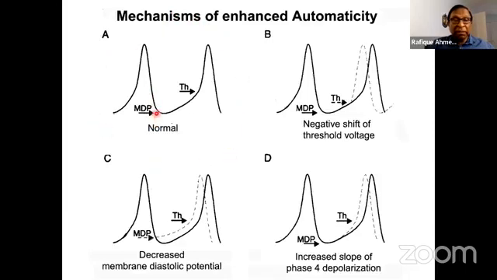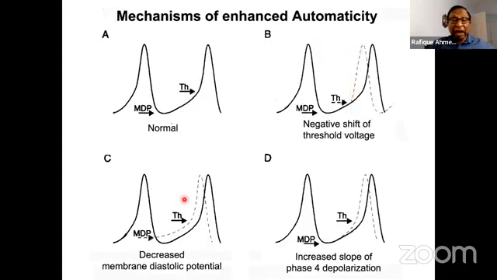This is the membrane diastolic potential, and because of the funny current, it becomes less negative, and once it reaches the threshold potential, we have an action potential. And this is what will decide the rate. For some reason, the threshold can change. Instead of it happening here, if it happens here, like this dotted line, you see, it gets faster.